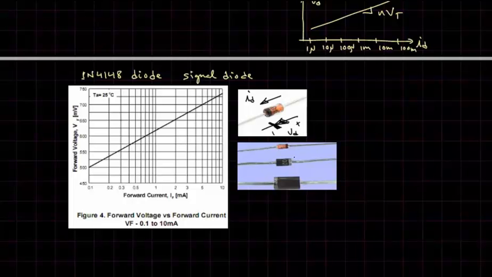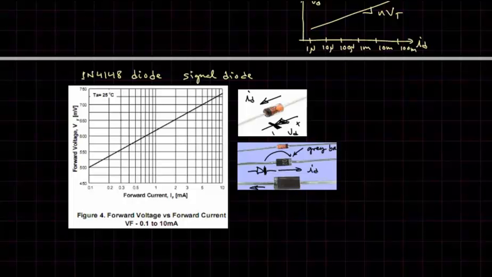Just FYI, here are a couple other diodes. This black package here doesn't have a black band, but it has a gray band, and that indicates basically the diode points that way. So this vertical bar corresponds to that right there. Evidently this guy is oriented the other way.